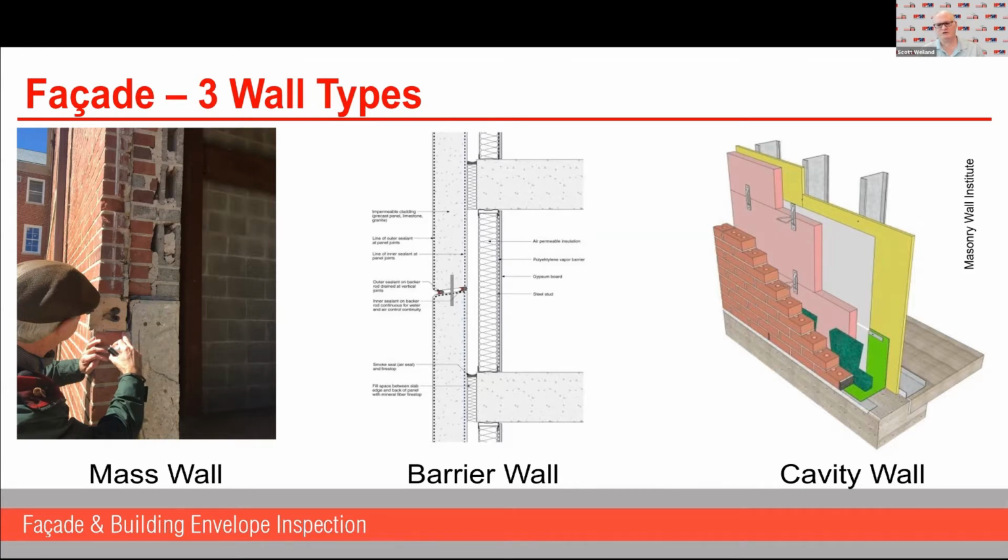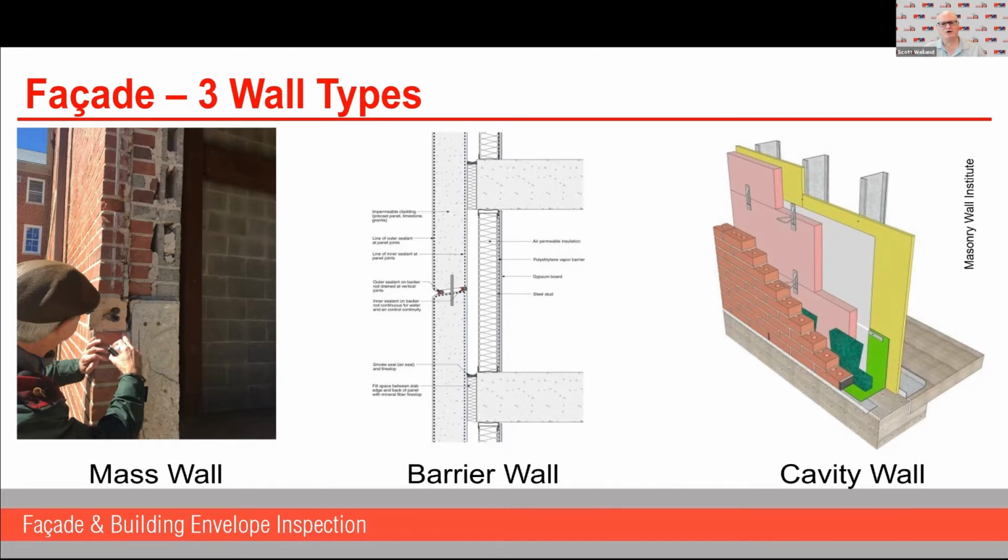And barrier walls could be precast limestone panels, the early forms of EIFS, and they're non-load bearing, and you're counting on one layer of trying to keep the water, air, vapor, and thermal temperature differences out of your building. And what we found out over time is that that's wishful thinking.